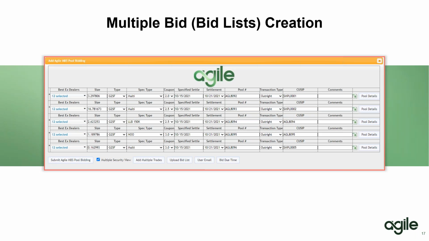You have the ability to send it out to all the dealers, or if you only want to send it out to a couple dealers, that is the drop down that you can choose. Say you wanted to send it to one dealer, you could just exclude all dealers except for that one dealer. So the biggest thing here is flexibility for however you want to maintain your pooling process.